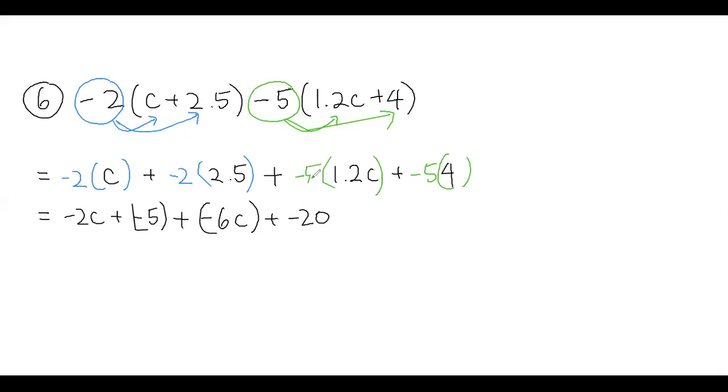So let me tell you how I did -5 times 1.2 in my head. The way I did that is I know that I want 1.2. If I change that to a percent, 1 is 100, so 1.2 is going to give me 120.